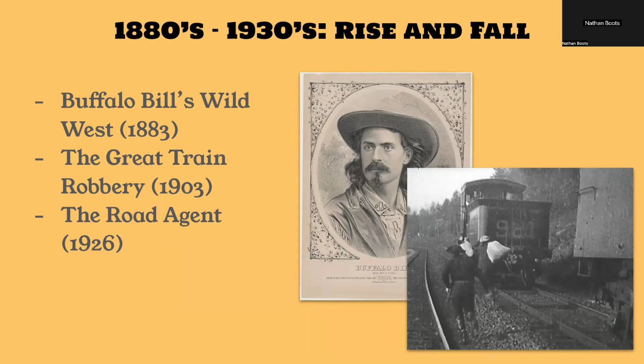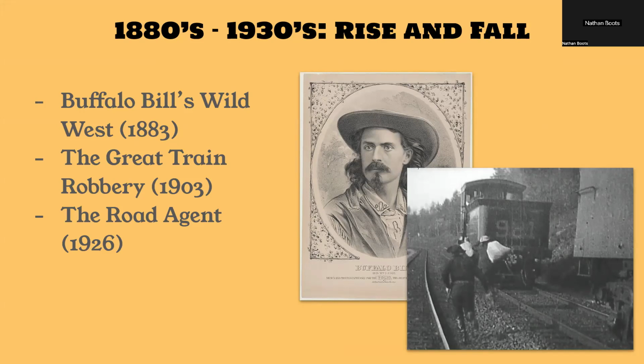This is where we begin putting the Wild West into big performances and films, and it eventually directly causes films such as what I have up here, The Great Train Robbery, which is a silent film. This causes the boom of the silent westerns once those come around. This isn't very long lasting though. When sound comes to films, big studios just drop westerns and they lose relevance for the entirety of the Depression.